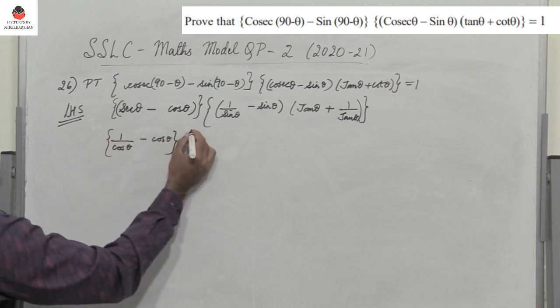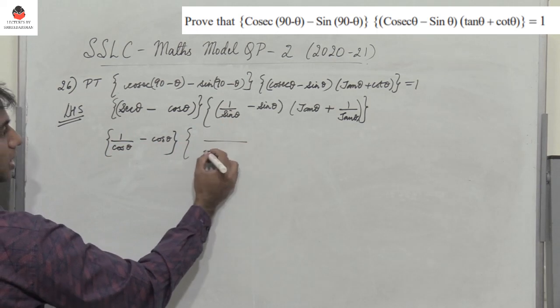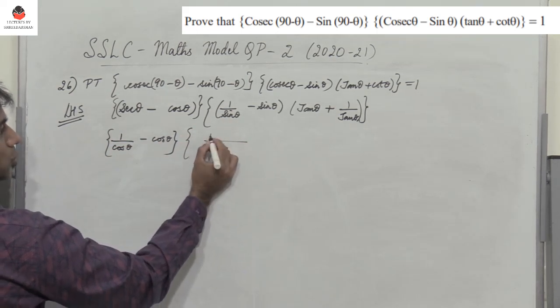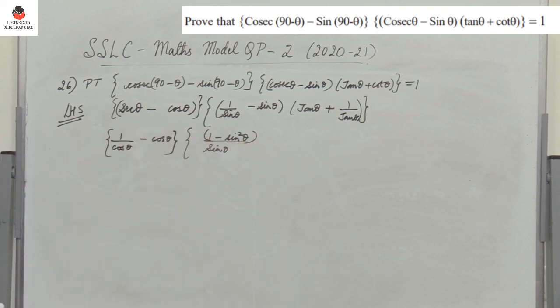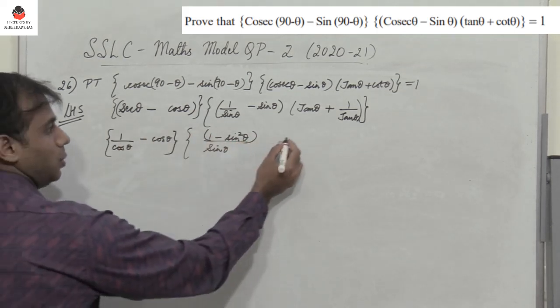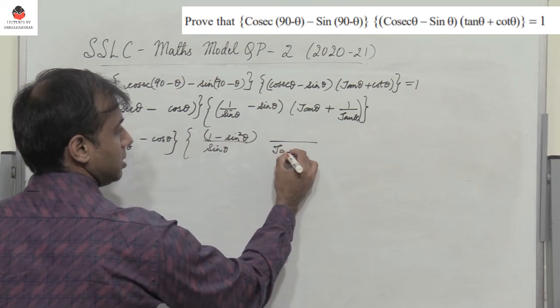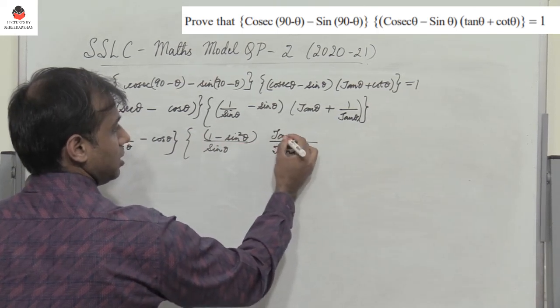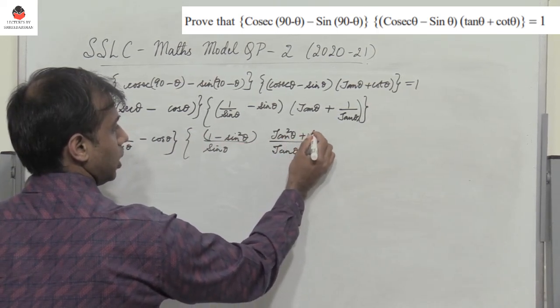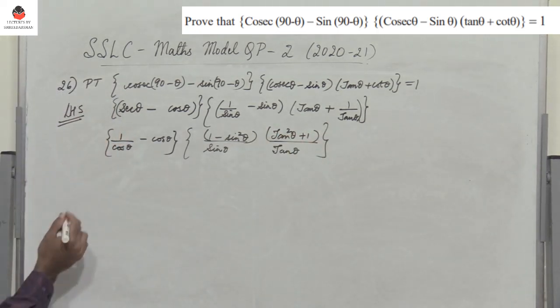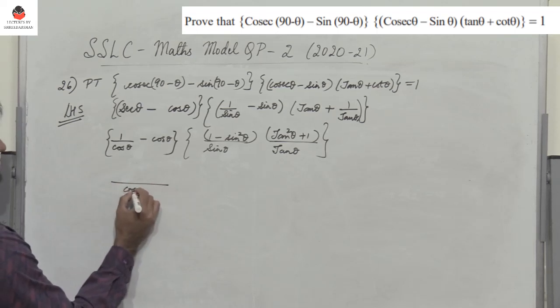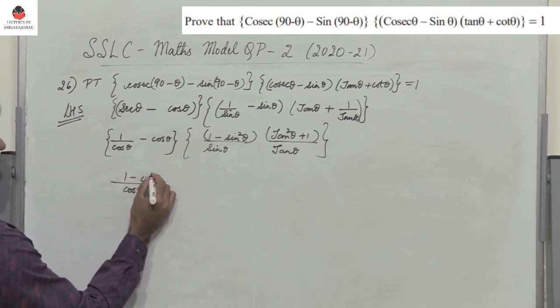I'll put the brackets. So now if I take the LCM here, I have sine theta into 1 minus sine square theta. And here, let me take the LCM tan theta. So I get tan square theta plus 1. So similarly here also I'll take the LCM. So I get cos theta into 1 minus cos square theta.